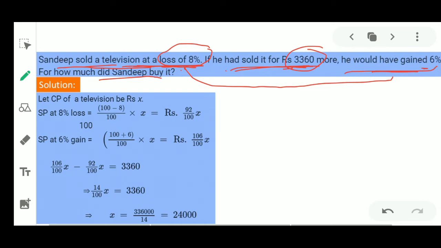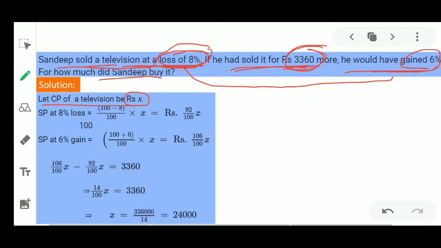Clear? So now write, let CP of the television be rupees X.